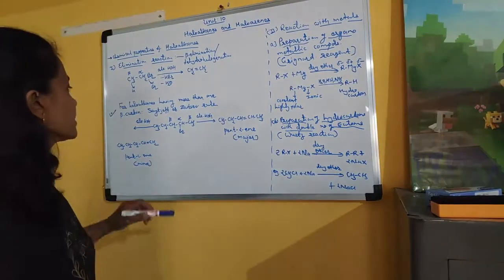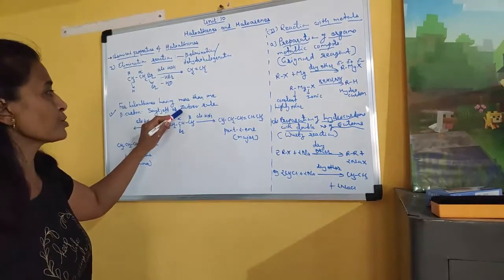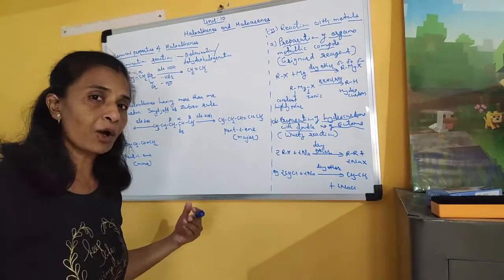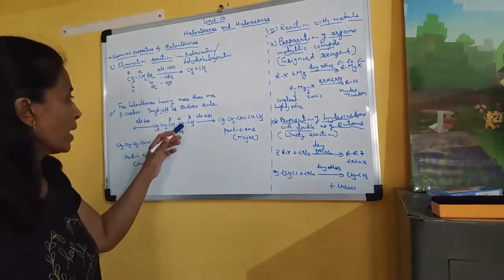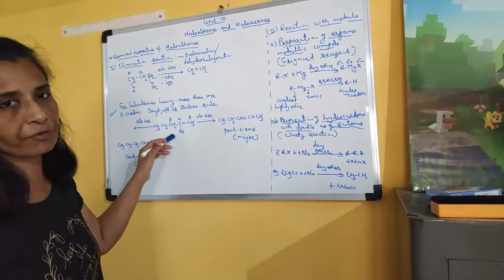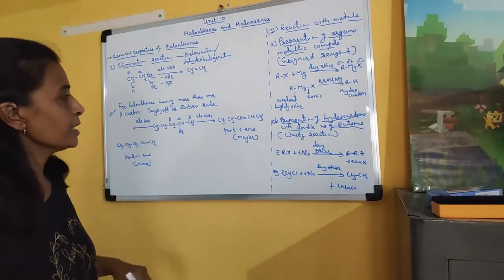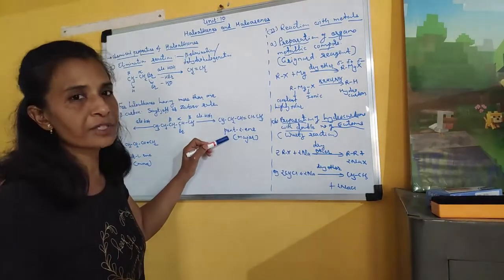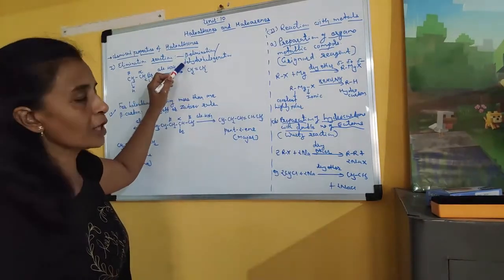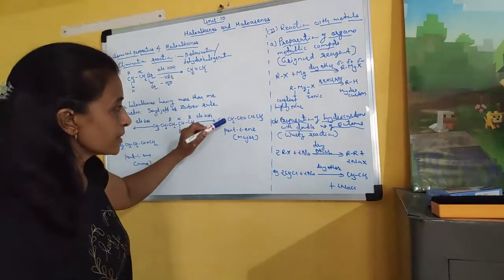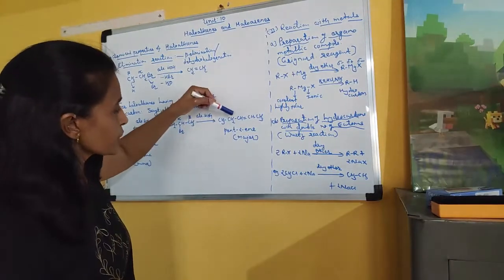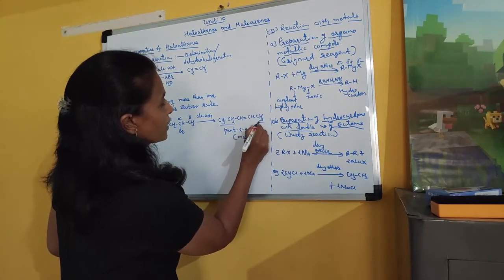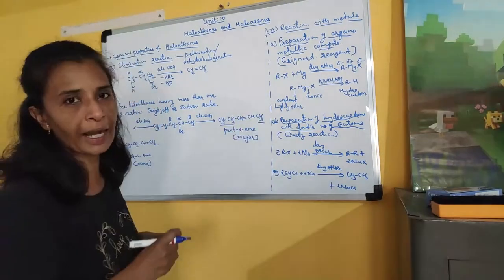Now the Russian scientist Saytzeff, also known as Zaitsev, examined all the products which are obtained by the elimination of this type of haloalkanes, and he came to the conclusion that the major product which is obtained in dehydrohalogenation reaction is that alkene in which more alkyl groups are attached to doubly bonded carbon atoms.